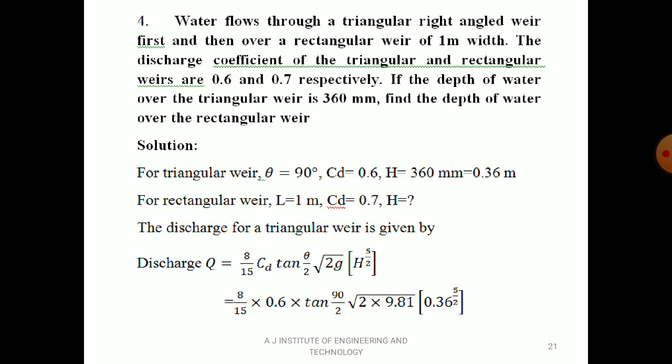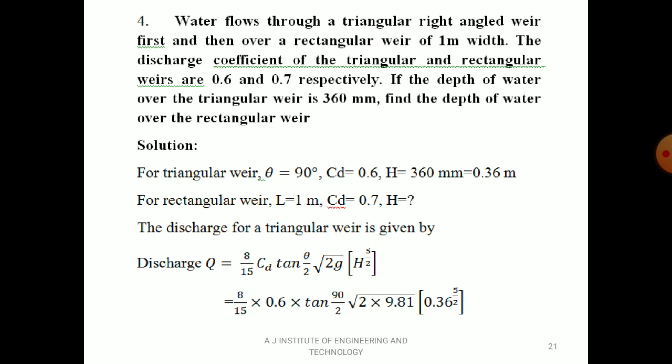Next problem, fourth problem. Water flows through a triangular right angled weir first and then over a rectangular weir of 1 meter width. The discharge coefficients of triangular and rectangular weirs are 0.6 and 0.7 respectively. If the depth of water over the triangular weir is 360 mm, find the depth of water over the rectangular weir.